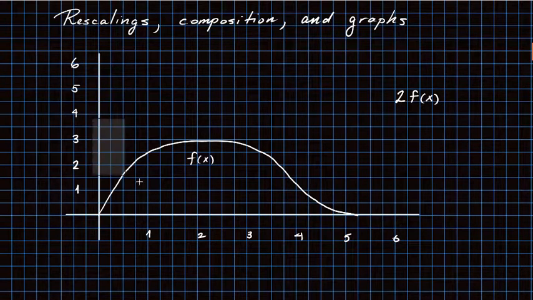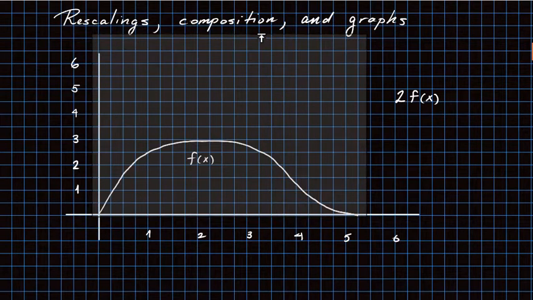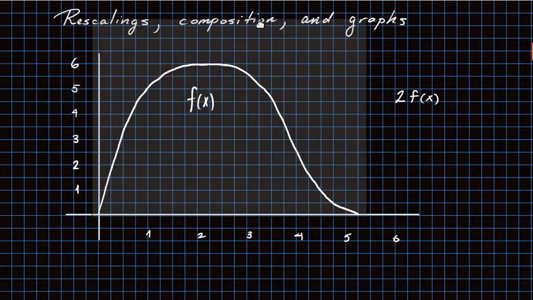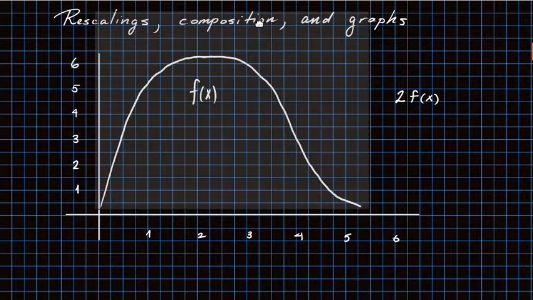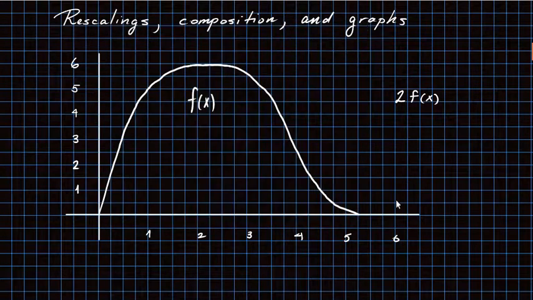So let's see geometrically what happens to the graph. It just gets rescaled up until we get to 6. Notice nothing happened at the 0, but we stretch all the way up to 6.